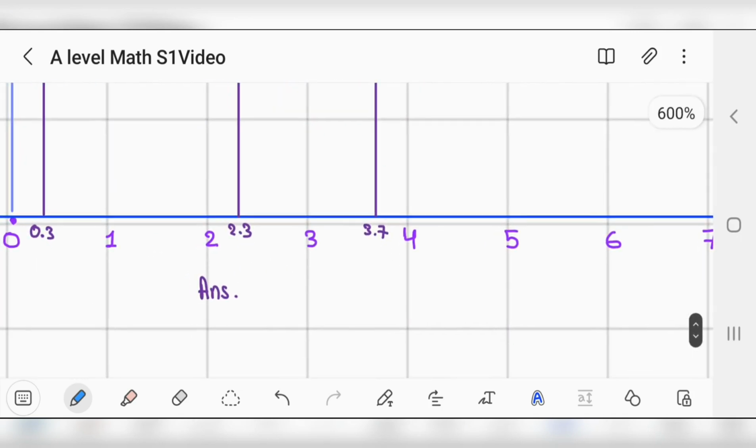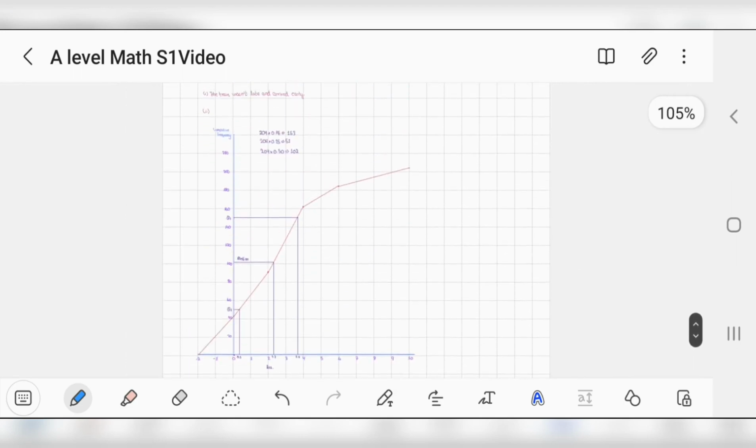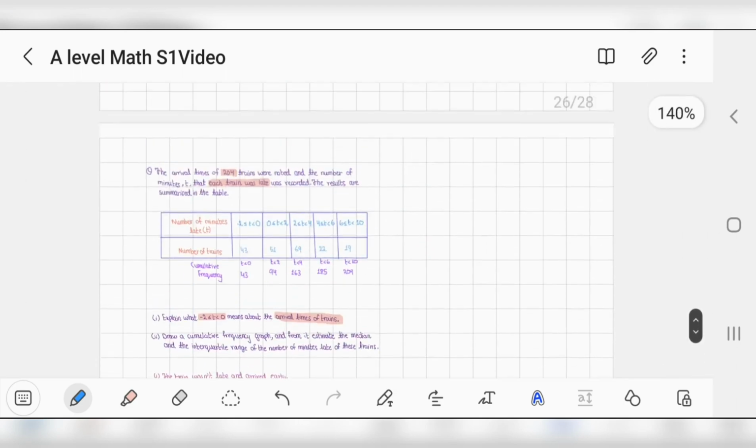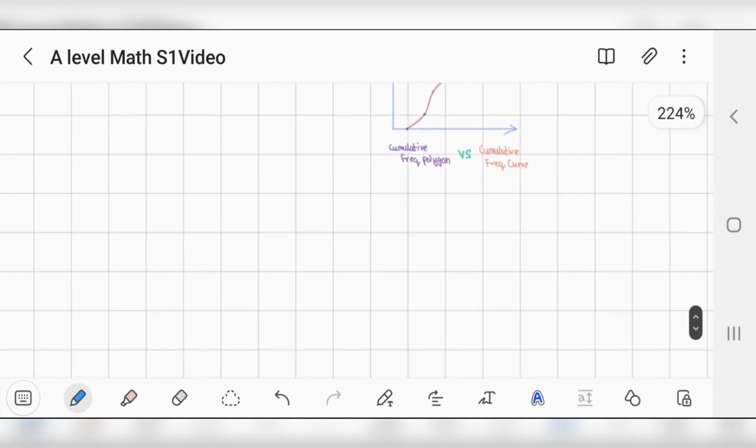In the marking scheme, I think the range would be between 3.2 and 3.8, and if your number falls in between, then it's the correct answer. This is how the checking works. You just need to make a clear estimation. And this was the cumulative frequency diagram, or you can call it a cumulative frequency polygon graph.